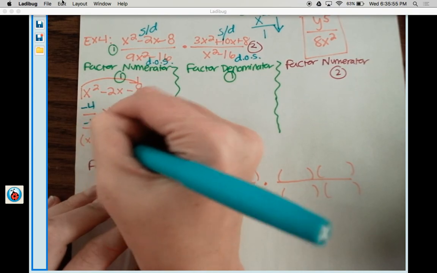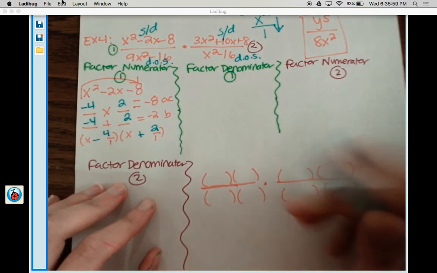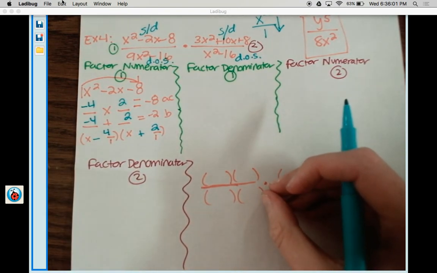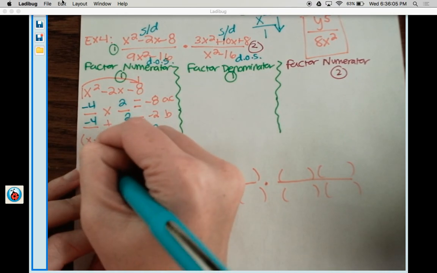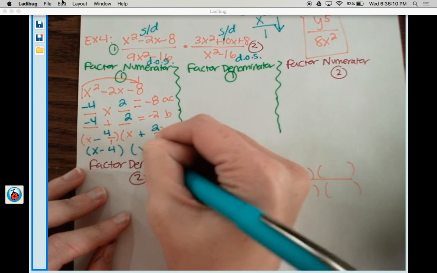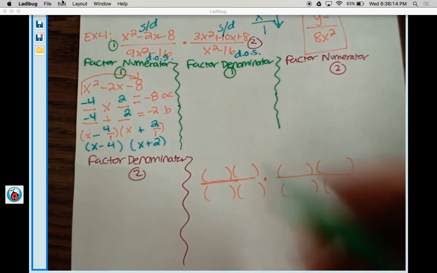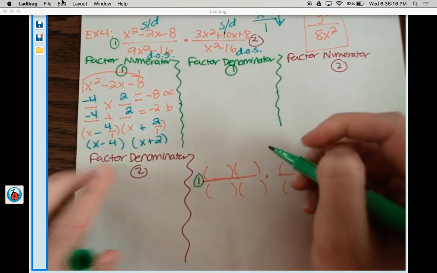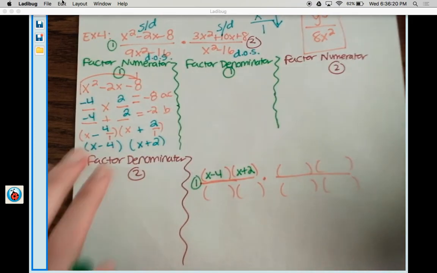So I'm going to put my minus 4 in here and my plus 2 over here. So let's simplify, then we'll be done factoring the first piece. 4 over 1 is still 4, so this is x minus 4. And 2 over 1 is 2, so this is x plus 2. I'm going to write that in my first spot. So my first numerators are x minus 4 and x plus 2.